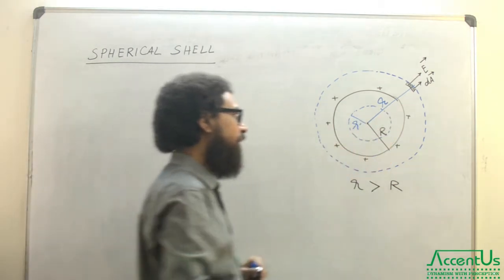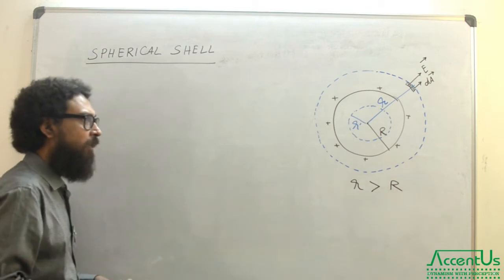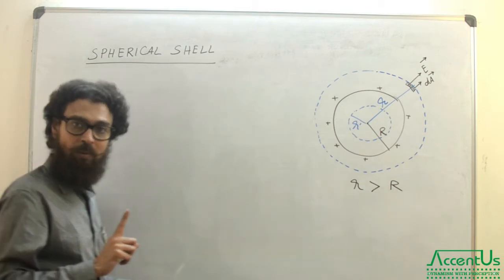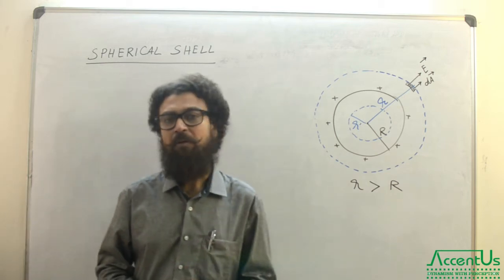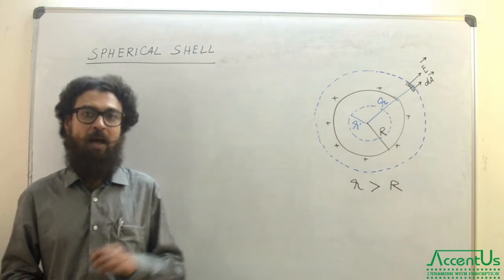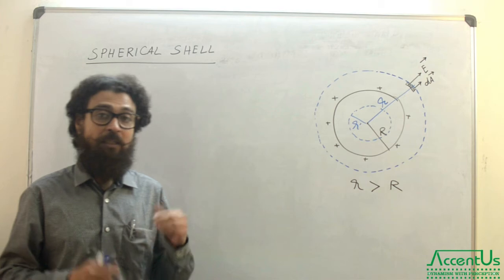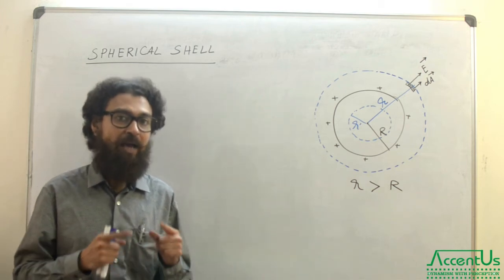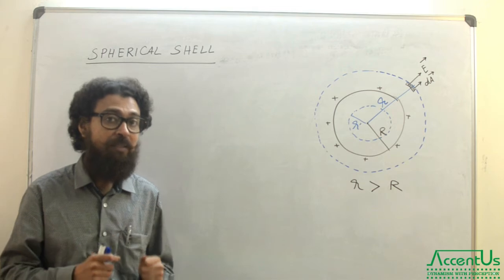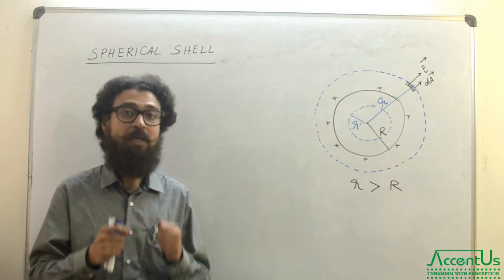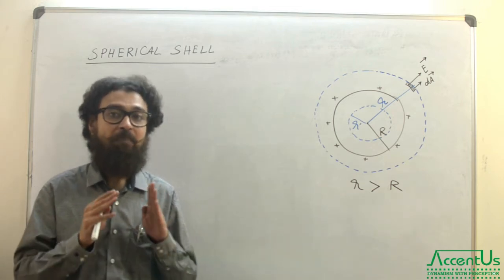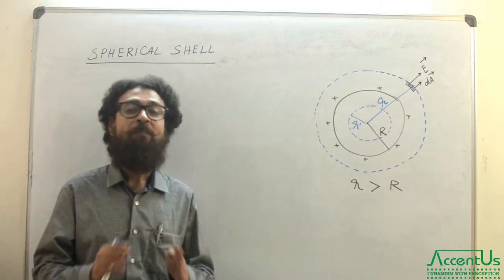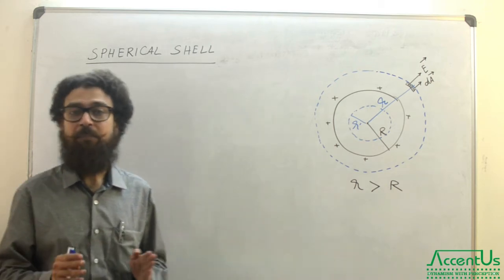I have drawn a spherical boundary which is inside. Is it enclosing the charge? The answer is no. Here comes a very important conclusion about Gauss's theorem. Until and unless you have an imaginary surface which is actually enclosing a certain amount of charge, we cannot apply Gauss's theorem, or there will be no quantity of electric field present there.